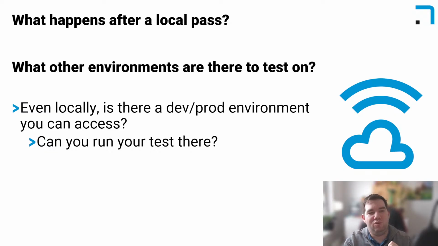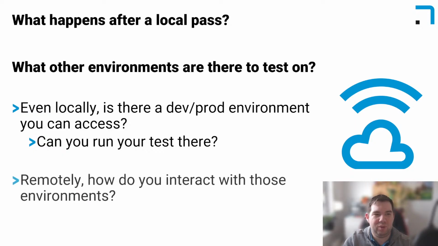So that's running against these other environments. But something you should also keep in mind is, even just remotely, how do you interact with these environments? How do we progress from our local tests to this dev environment or even prod? Normally there is a CI/CD pipeline that manages this, but we still need to ask how you interact with it. Say a test is breaking on review, how do you check that?